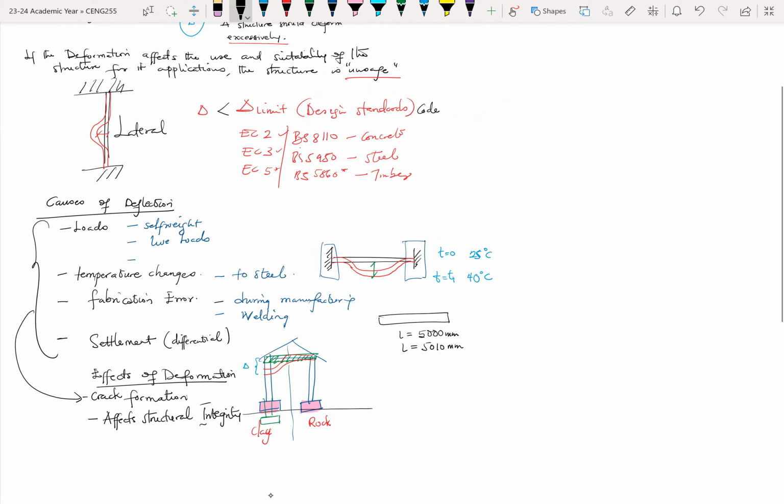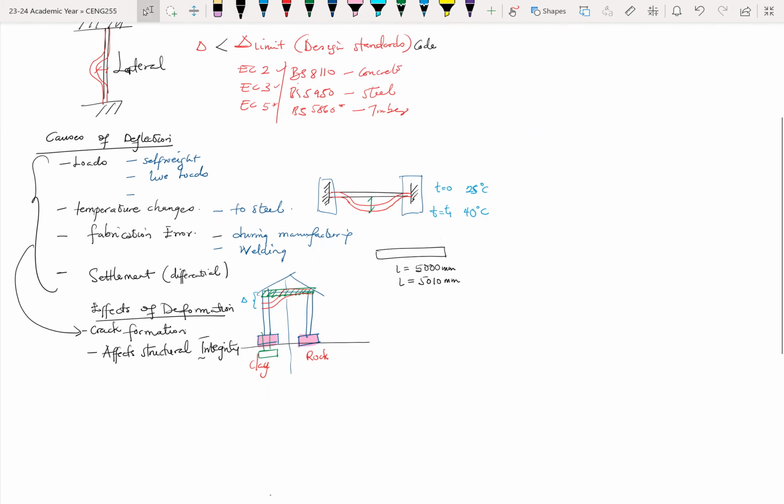Lateral. So lateral deflection has to do with horizontal deflection, deflections along the x-axis, right? They do also happen, and these can be caused by loads like wind loads, because they are horizontal loads. It can also be caused by earthquake loads. It can also be caused by earth pressure and hydrostatic loads, because they are typically horizontal loads.